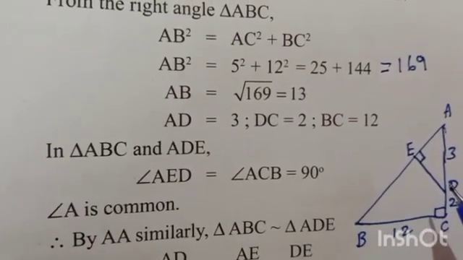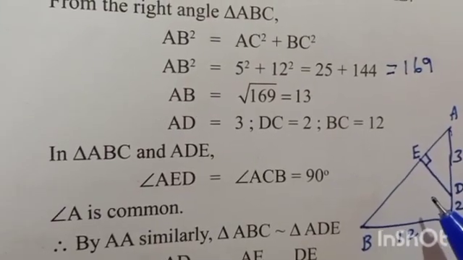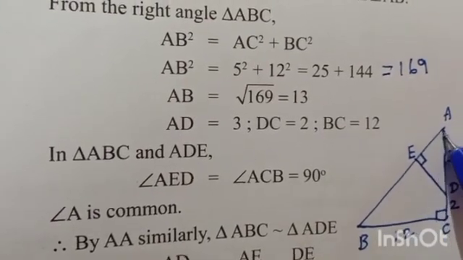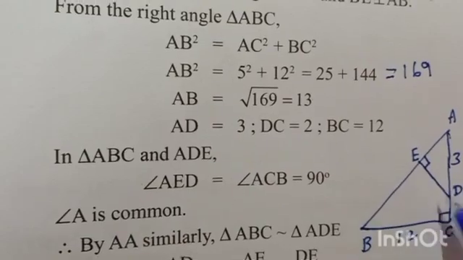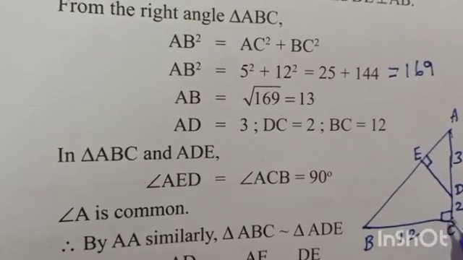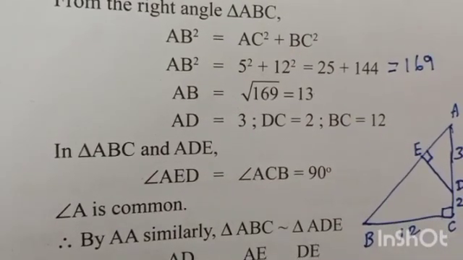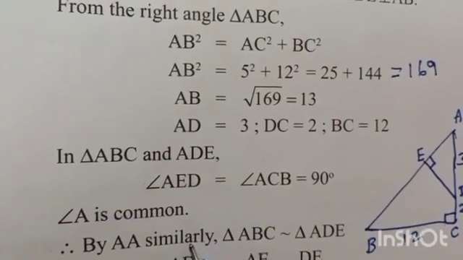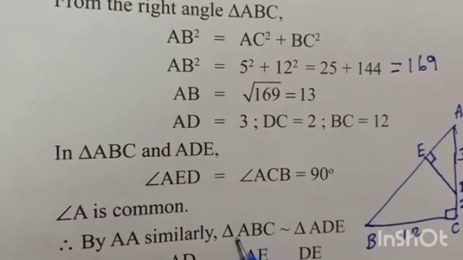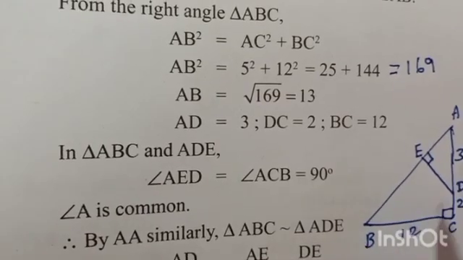If any two angles are equal for the given two triangles, they are similar. We found angle A is common. For the small triangle one angle is 90 degrees, for the big triangle angle C is 90 degrees. So we apply AA criteria. So triangle ABC is similar to triangle ADE.